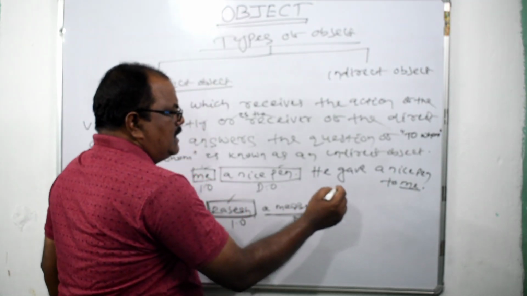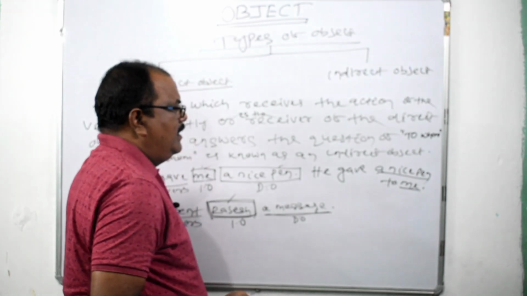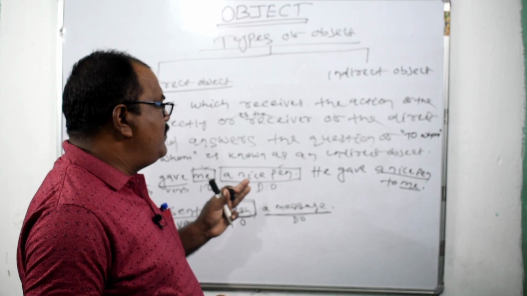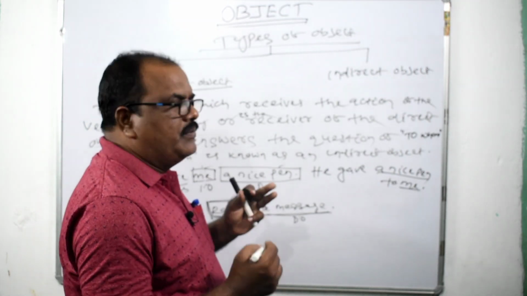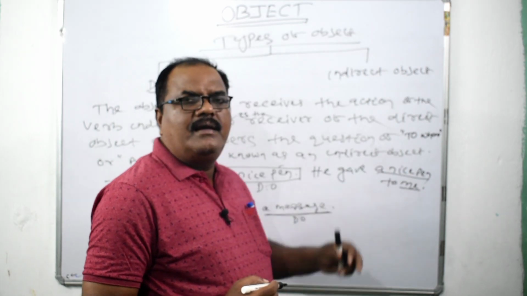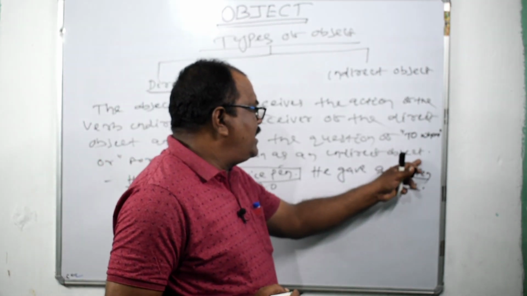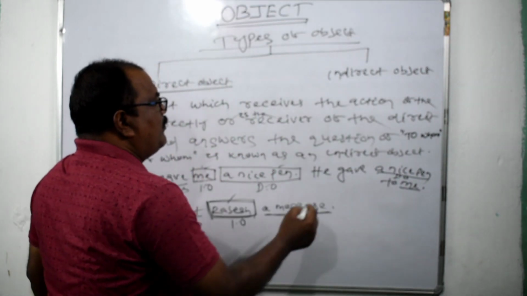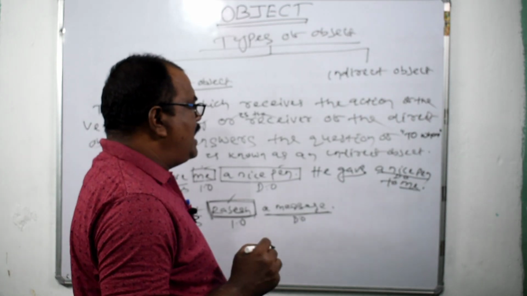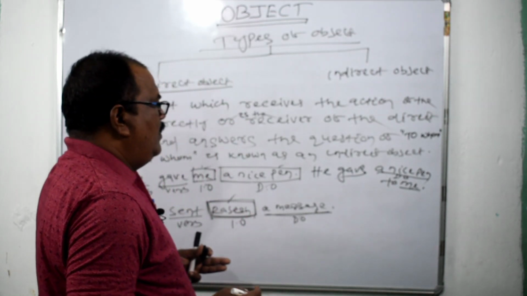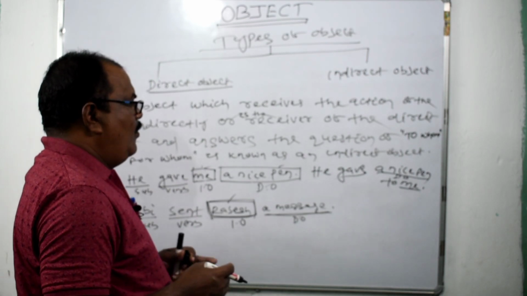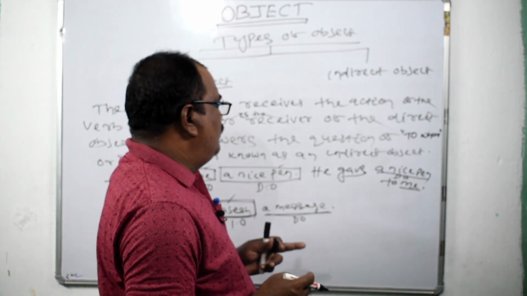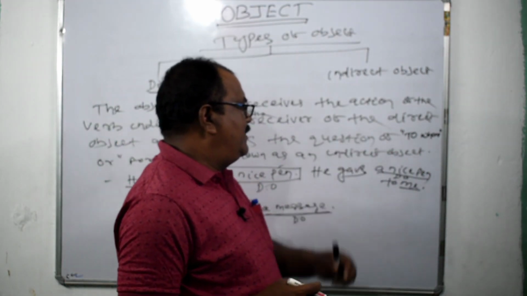So, in this sentence, a nice pen answers the question of what. What did he give to you? A nice pen. A nice pen is the direct object and receives the action of the verb gave directly. On the other hand, in order to find out the indirect object, we have to make a question. To whom did he give a nice pen?